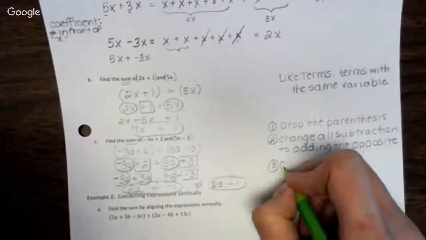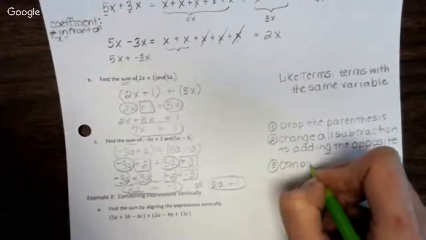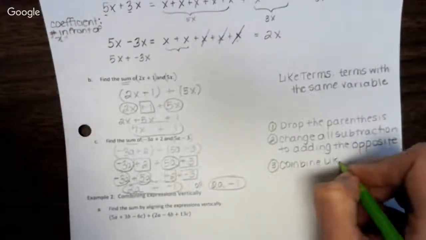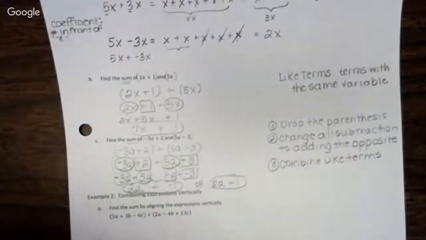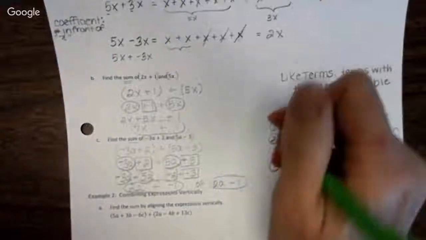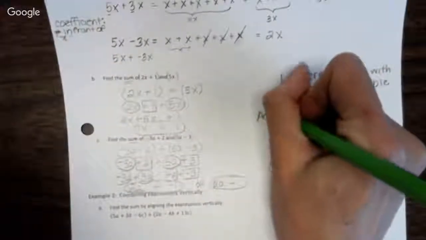Step 3 is going to be to combine like terms. We use circles, we use squares, but that's your steps, and we want to label that. That's for adding.